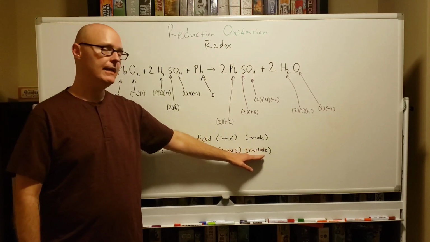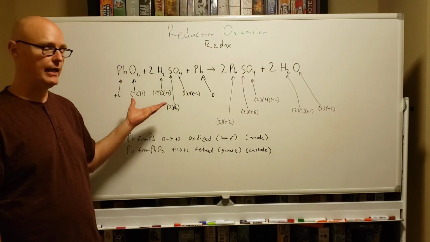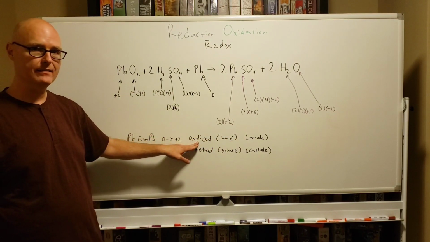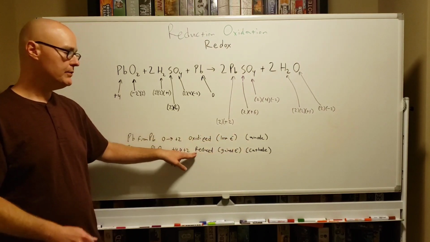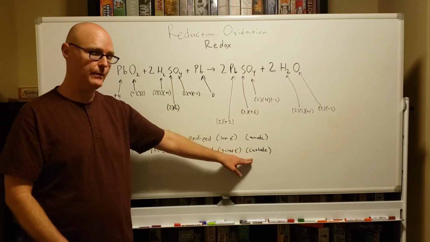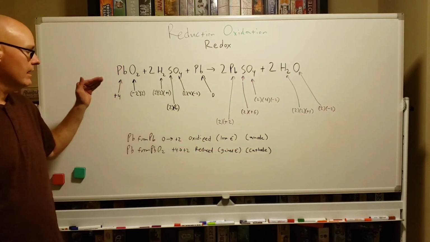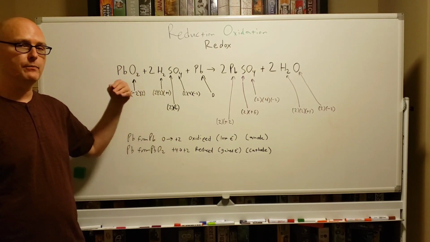That makes it my cathode, okay? So for this battery that we've created, I have an anode which was oxidized. The oxidized plate is the anode. The reduced plate is my cathode. So I have both an oxidation and a reduction required in order to make a battery.